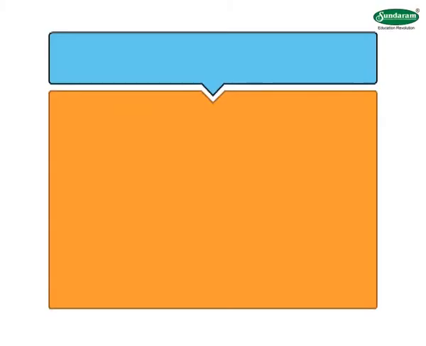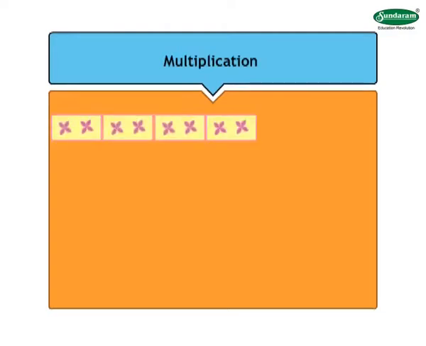Multiplication. Let us consider an example to learn the meaning. In this example, there are 2 flowers in each box. When you count the total number of flowers, you get 2 plus 2 plus 2 plus 2, which is equal to 8.